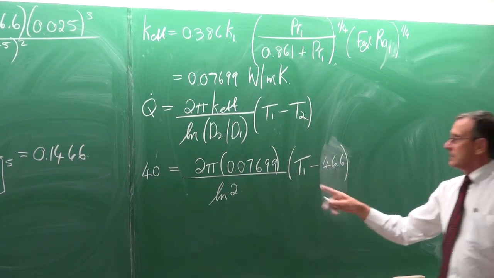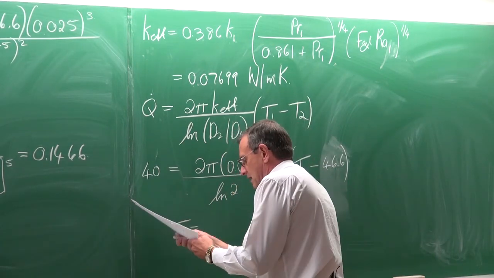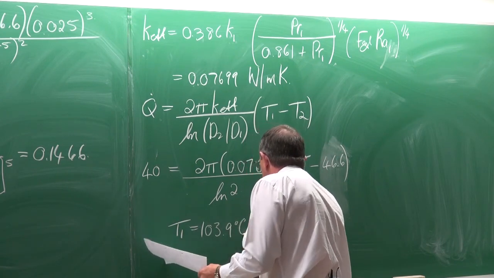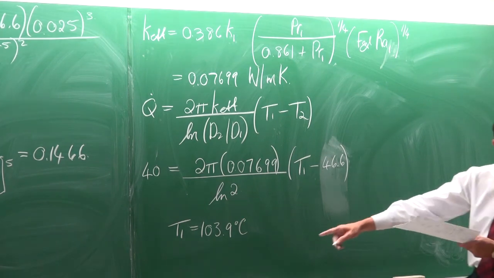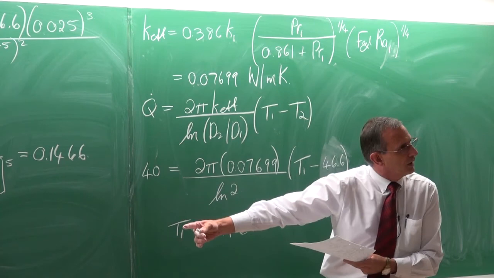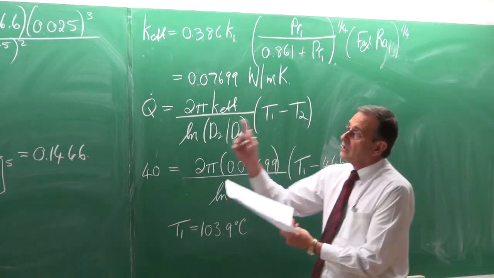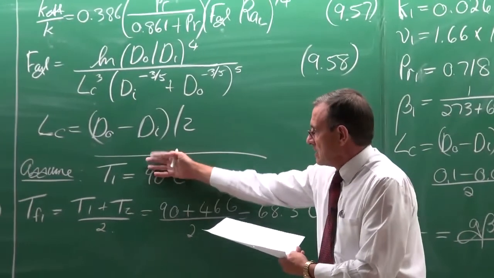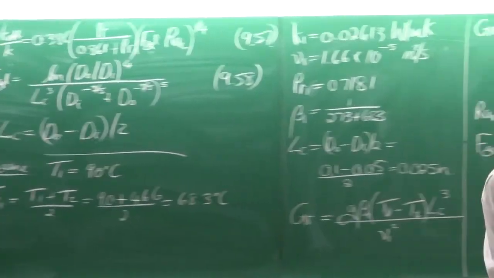Okay, so now we can calculate the wall temperature of the aluminium, and I've calculated 103.9 degrees Celsius. That doesn't mean it is correct, because this is based on my assumption of 90 degrees. So I went back, put that value in as my assumption, recalculated TF1, and went through the whole problem again.